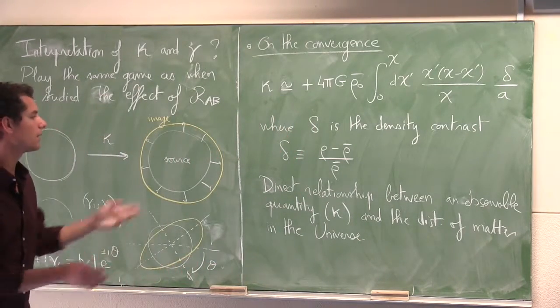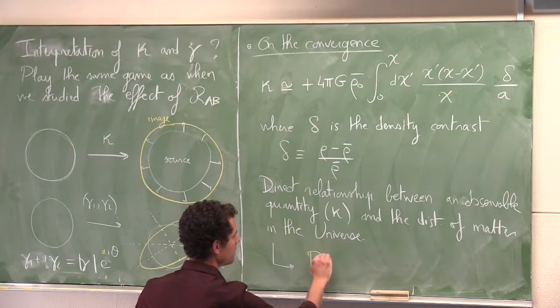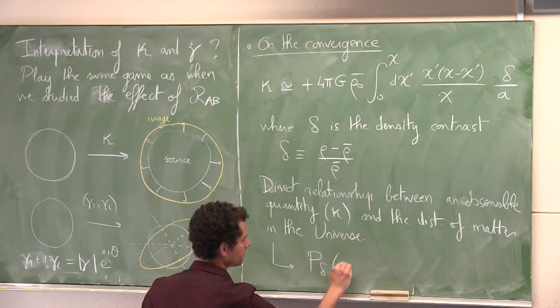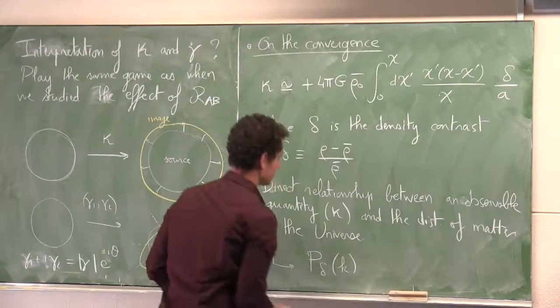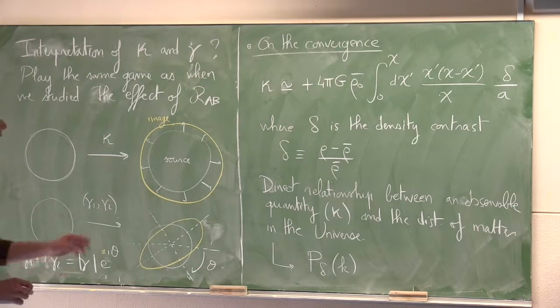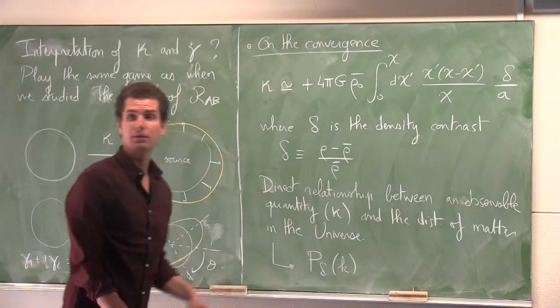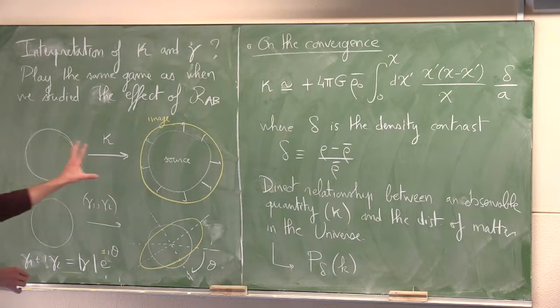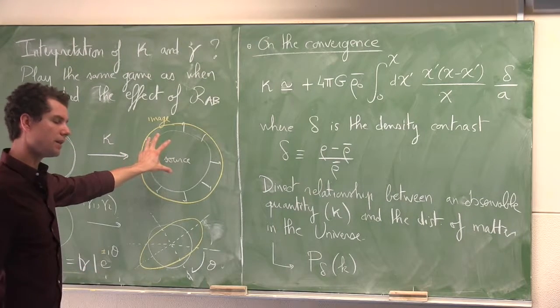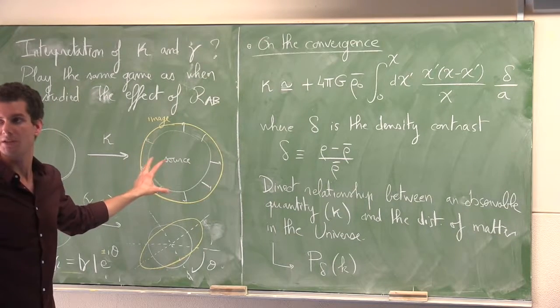For example, measuring kappa can give you information about the power spectrum of the density contrast, and therefore of the gravitational potential, and tell you information about the primordial universe. The problem is, kappa is very hard to measure directly, because usually you don't know the intrinsic size of the objects whose images you are measuring.